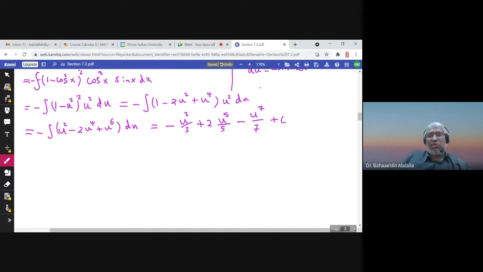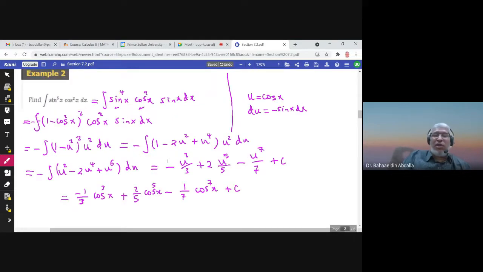So I just write cosine x instead of u. So I'll have negative 1 over 3 cosine to the power 3 x plus 2 over 5 cosine x to the power 5 minus 1 over 7 cosine x to the power 7 plus c. So this would be the integral.